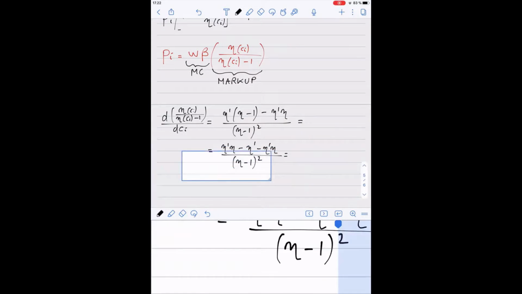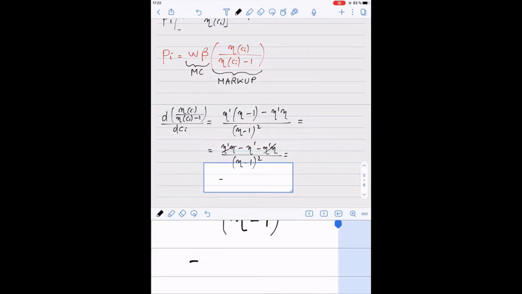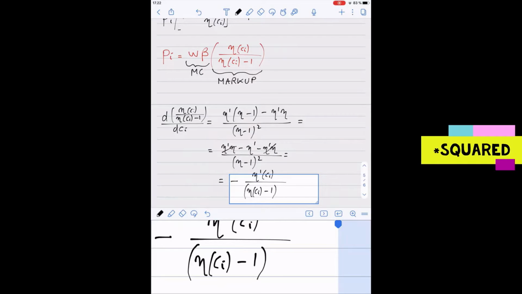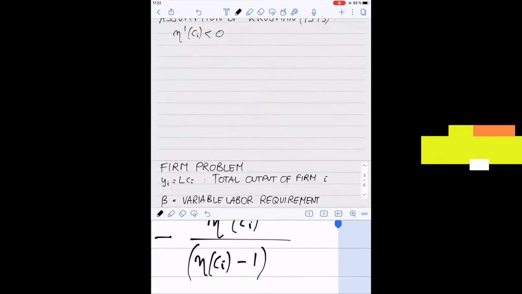Okay, so these two terms, eta prime times eta, cancel out. And so what we get is minus eta prime of CI divided by eta CI minus 1. So is this term positive or negative? Well, let's look back at the assumption before.